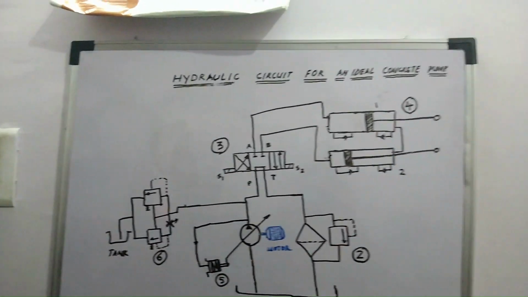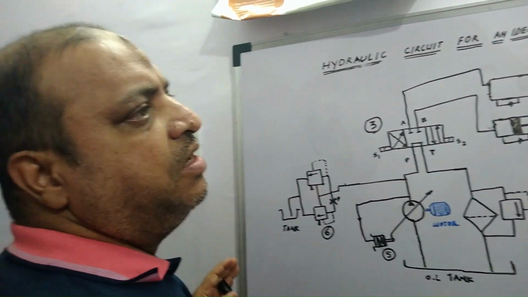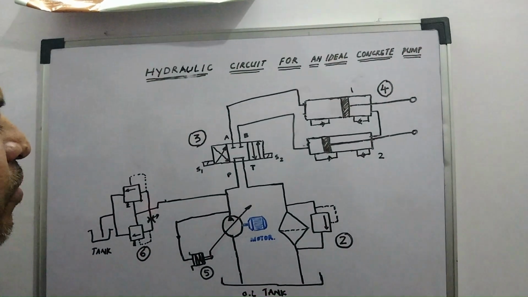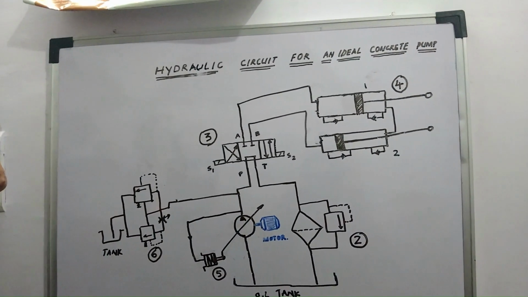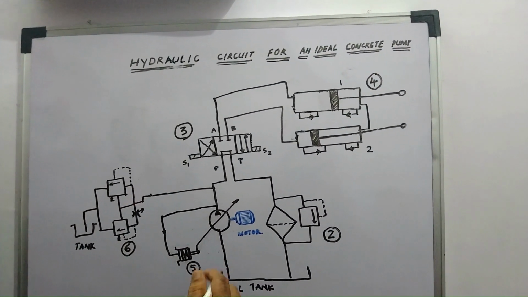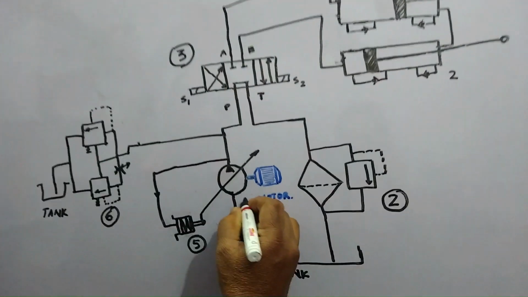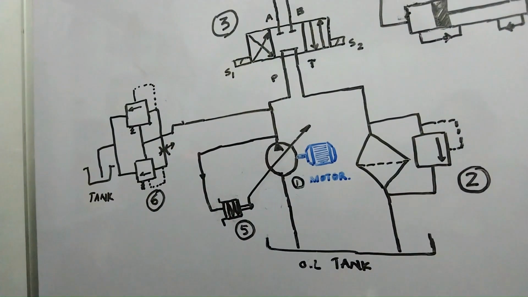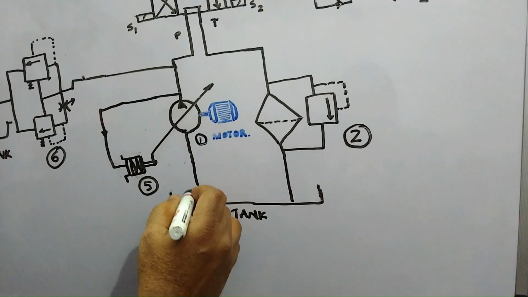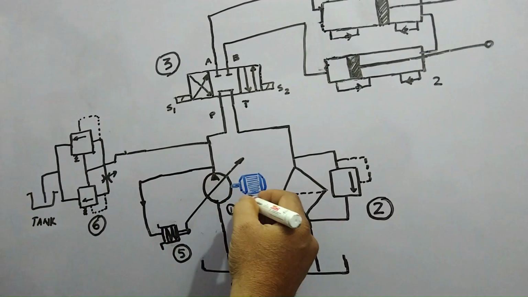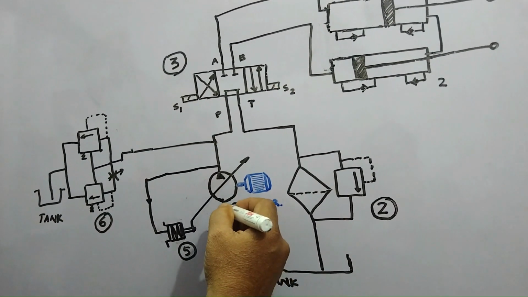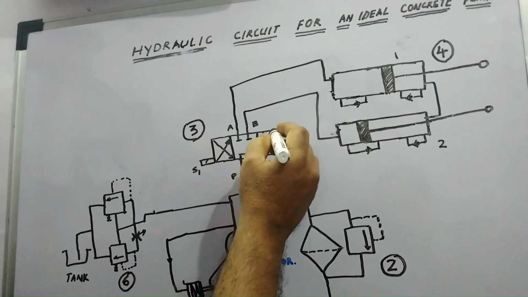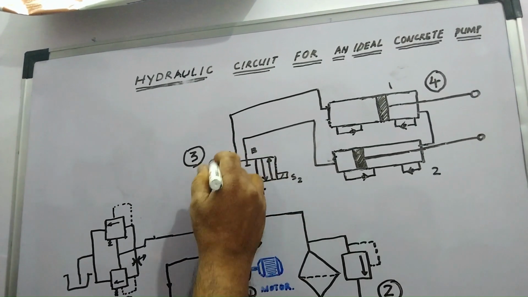Now a total of 6 components are involved to function the hydraulic circuit. Number one component is the hydraulic motor and the hydraulic pump. From the tank, the oil is sucked by the pump. The motor rotates the hydraulic pump, and the pump sucks the hydraulic oil and it goes to the direction control valve.